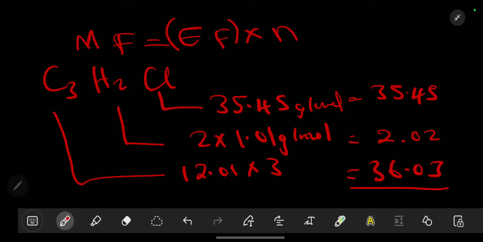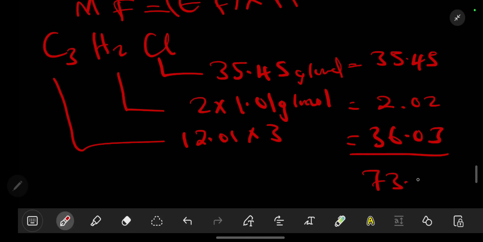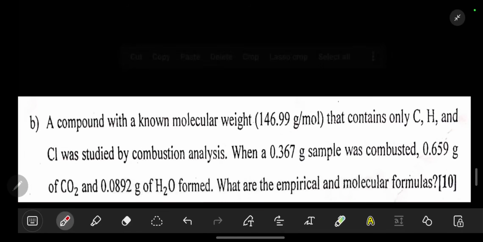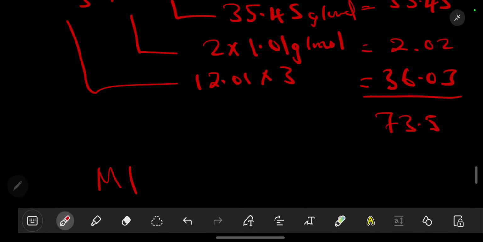When we add this, we have 36.03 plus 2.02 plus 35.45. This gives us a value of 73.5. We now know that the molecular formula is equal to the empirical formula times the N value, where N represents a number.